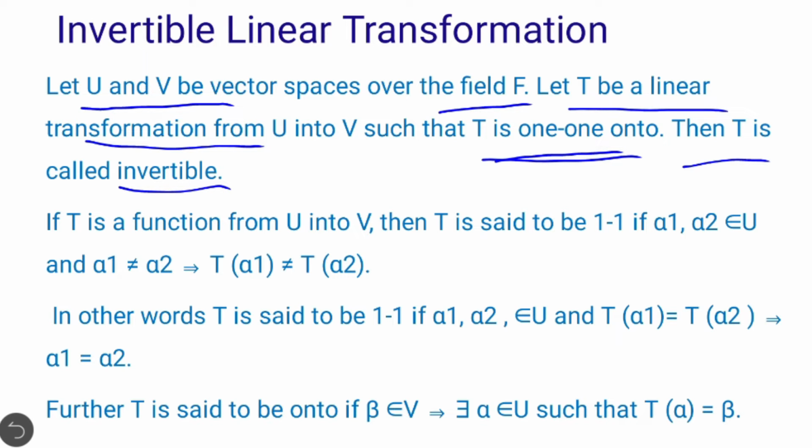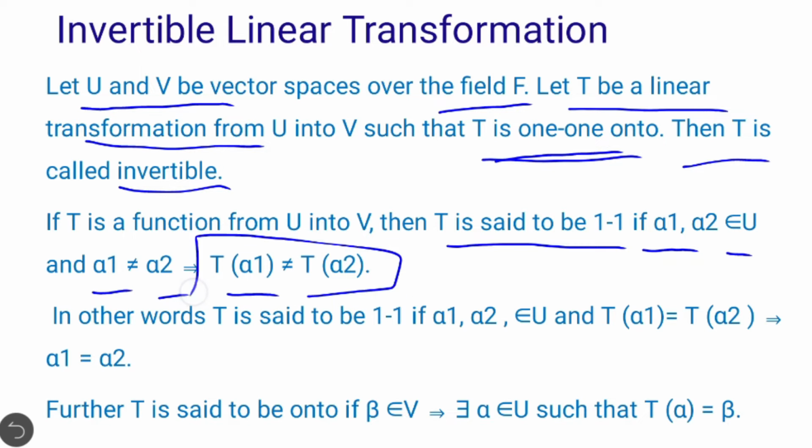In other words, if T is a function from U to V, then T is said to be 1-1. The condition for 1-1 mapping is: if alpha 1, alpha 2 belong to U and alpha 1 is not equal to alpha 2, then this implies that the transformation on alpha 1 will not equal the transformation on alpha 2.